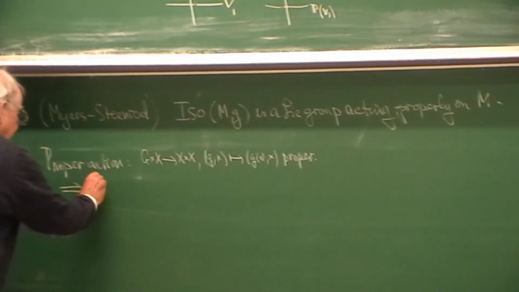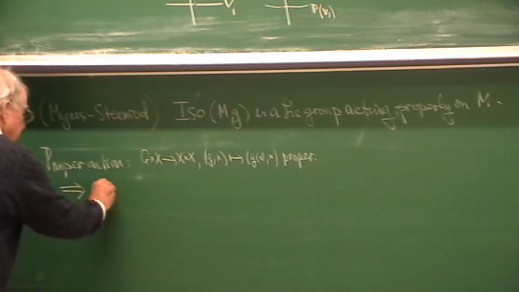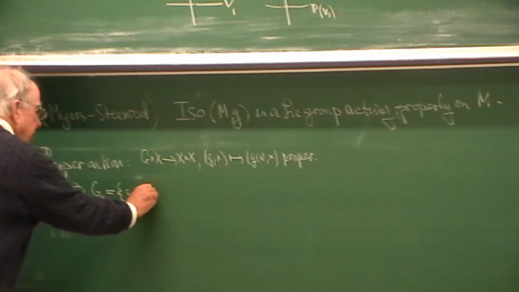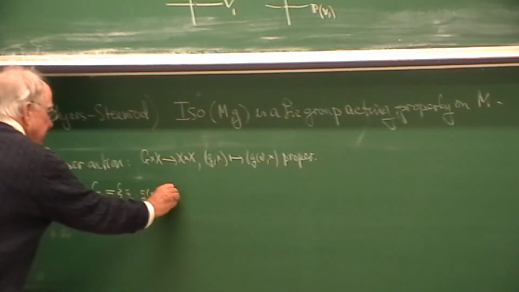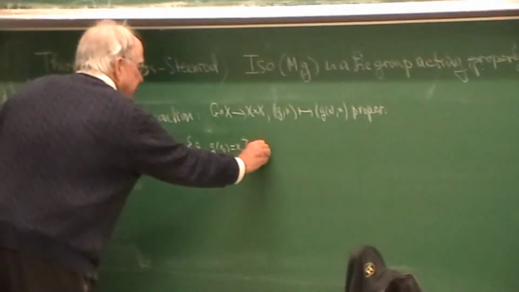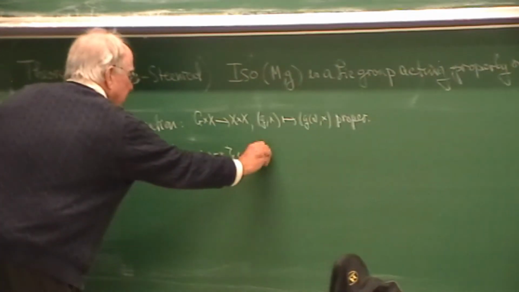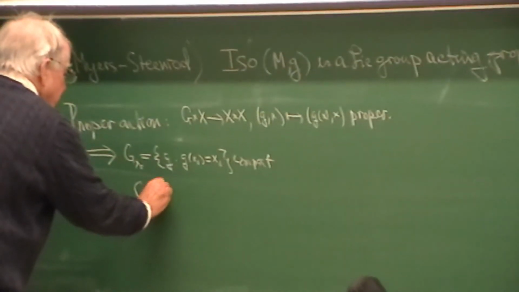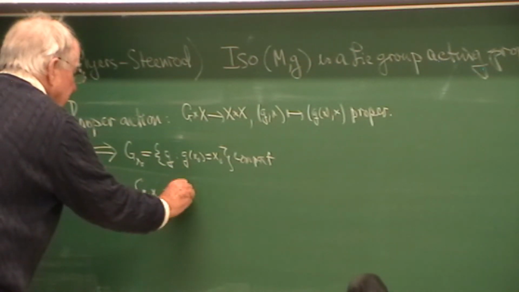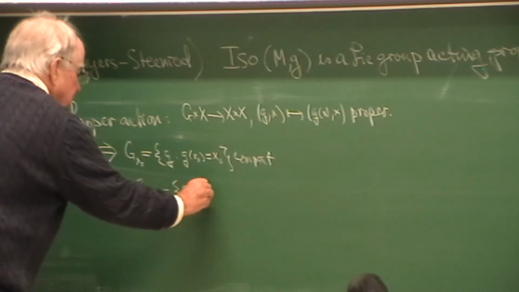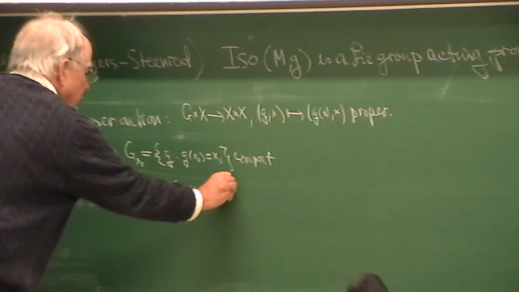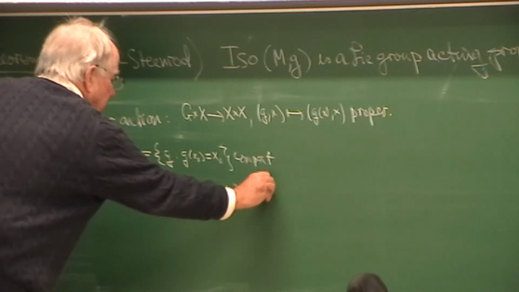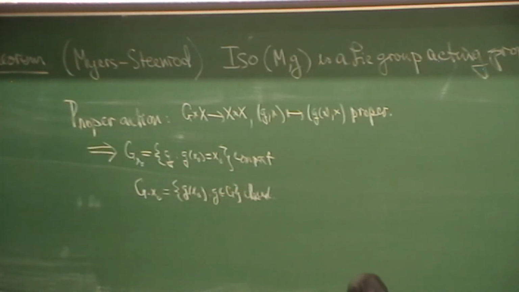It implies that the isotropy groups, the G_x0, these are the elements of G that preserve the point, are compact. It implies that orbits, an orbit being the whole thing you get from the group, are closed. And this is not quite equivalent, I guess, but it's very close.